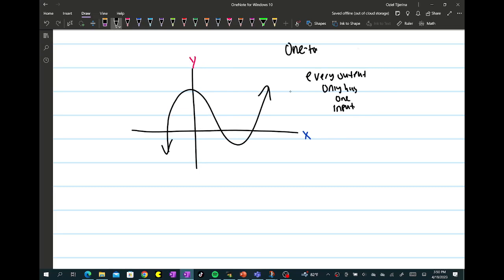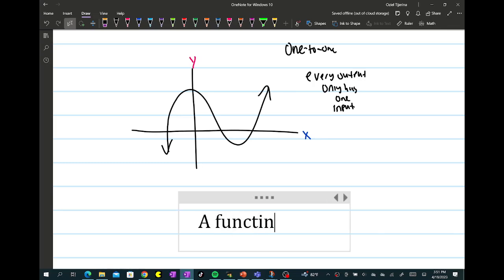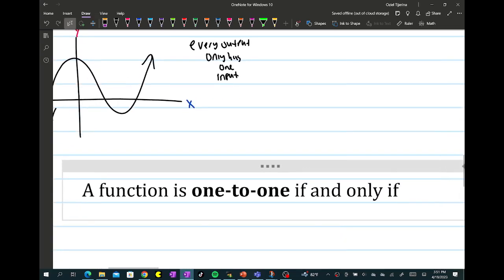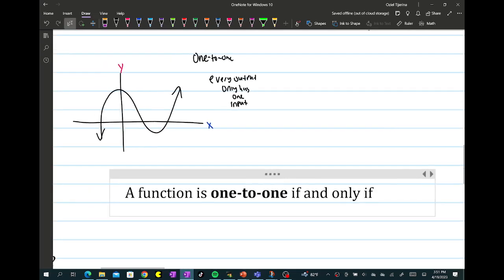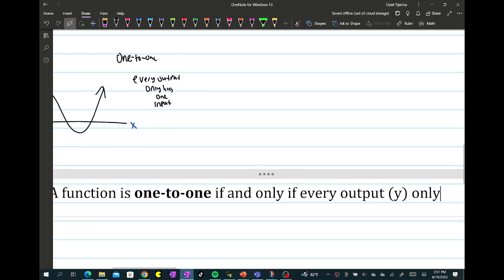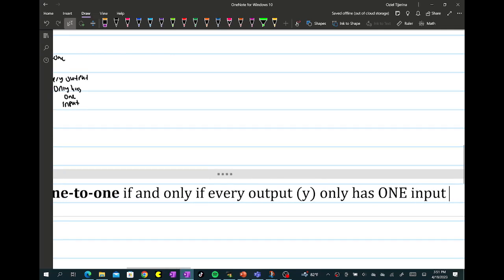Let me repeat that. Let me just type this down: a function is one-to-one if and only if every output, which is your y term, only has one input, which is your x term.